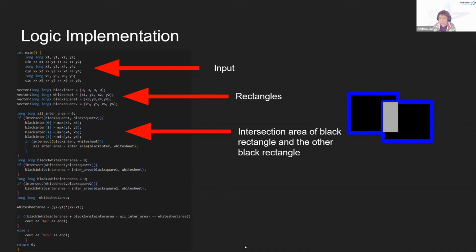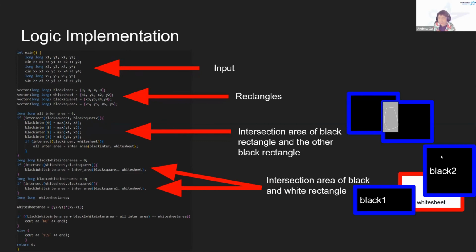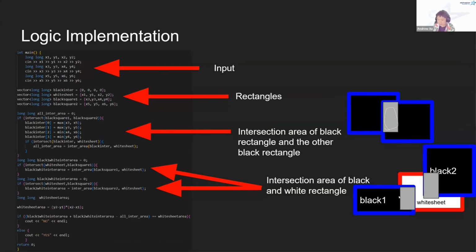And then after you get the intersection area of the black rectangles, if the black rectangles don't intersect, it's just 0. And then after you get the intersection of the black rectangles, you can get the intersection of the black and white rectangles. So black 1, black 2, and this is the white sheet. And then these are the intersections.